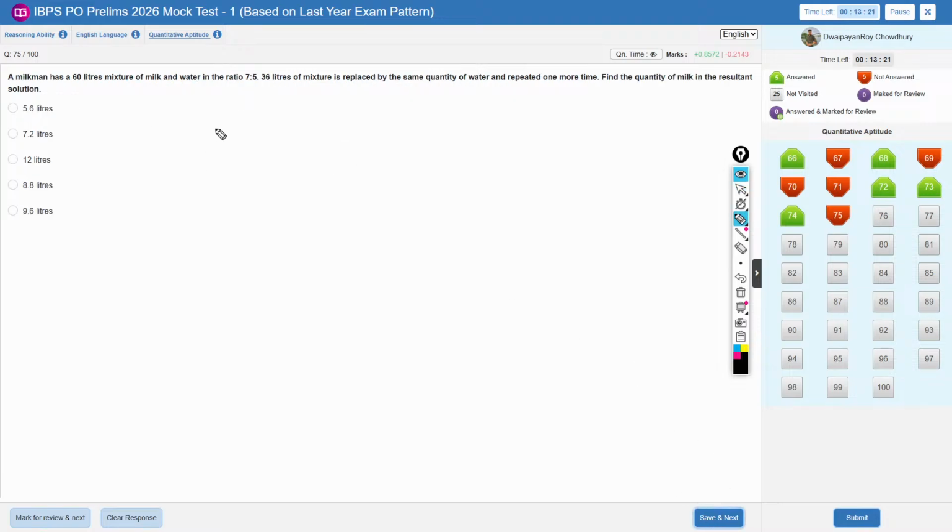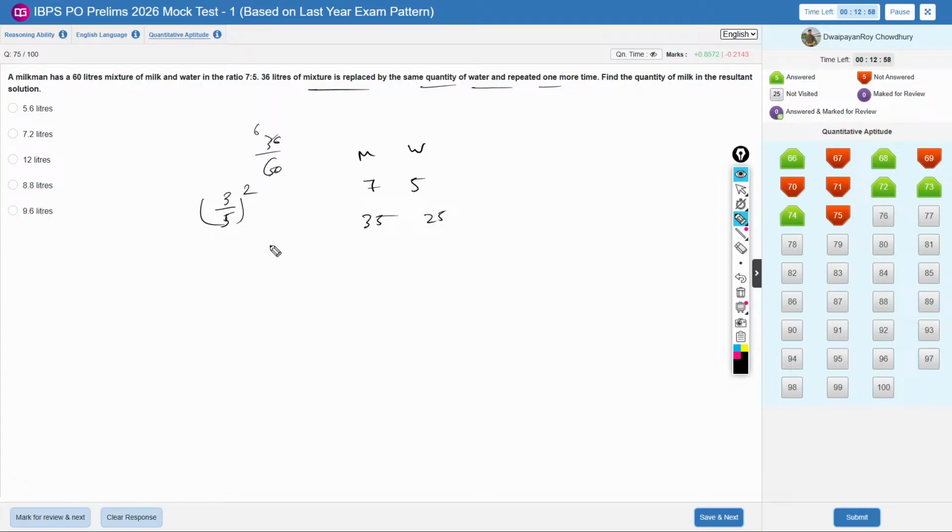So, yeah. A milk and water mixture of 60 liters in 7 to 5. So that means 35, 25. 36 is replaced with the same quantity of water, repeated one more time. 36 means 6, 6, 10. So 3 by 5 mixture 2 times. So 9 by 25.